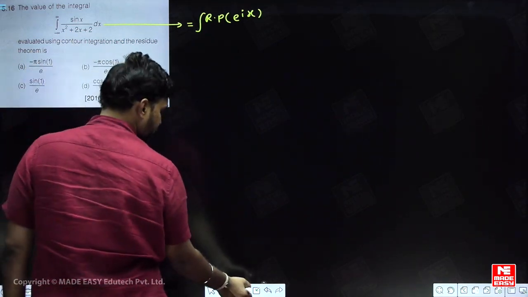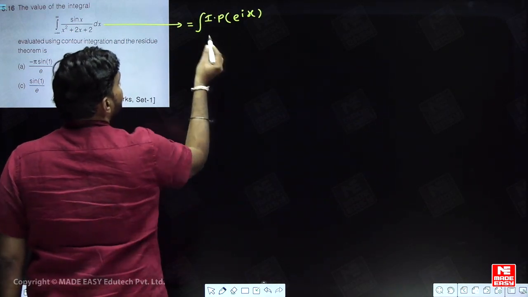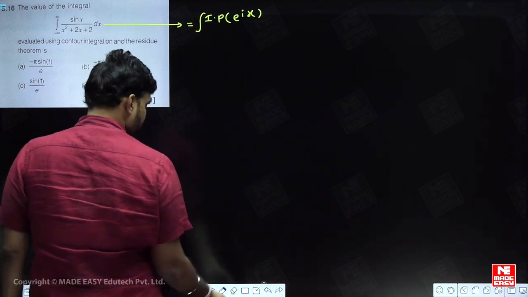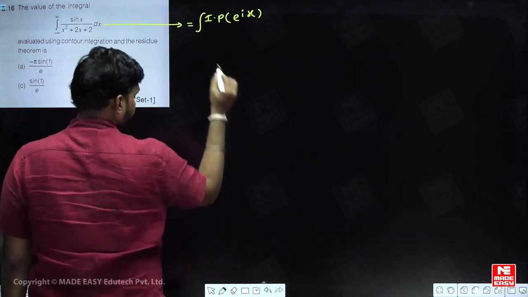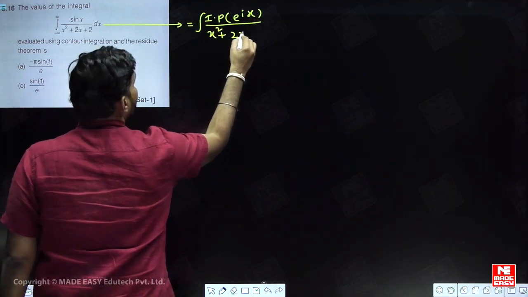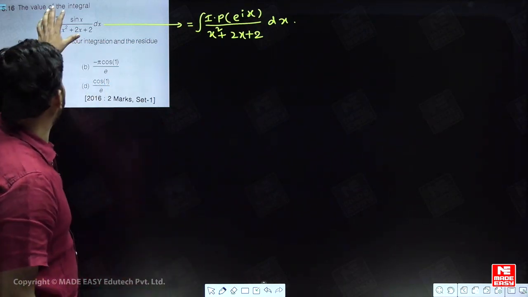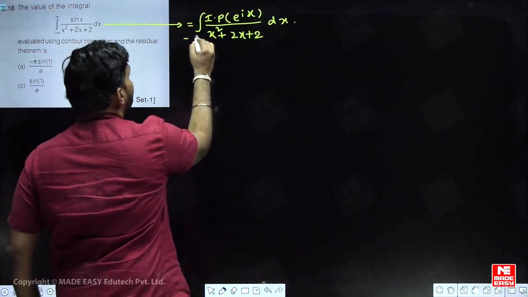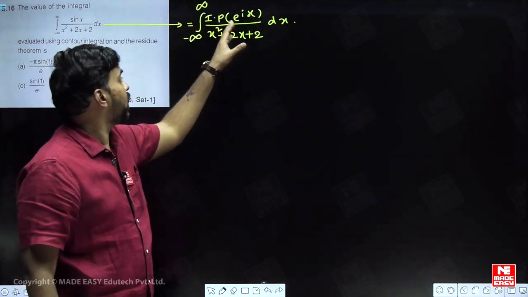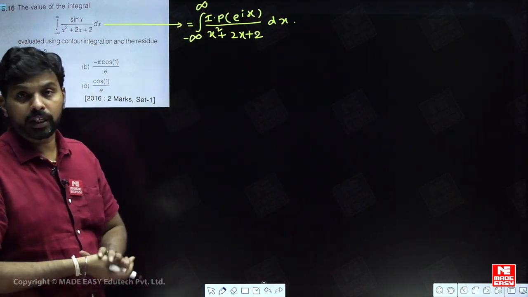Sorry, it's not real. It's the imaginary part, right? Imaginary part of e^(ix) divided by x^2 + 2x + 2, times dx, also we can understand. So this integral is from minus infinity to infinity of the imaginary part of e^(ix)/(x^2 + 2x + 2).